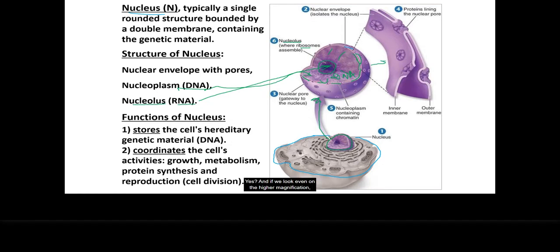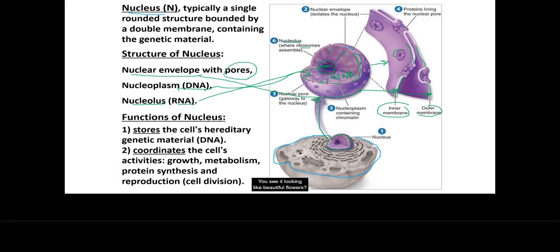And if we look at an even higher magnification, we can see this is one inner membrane and an outer membrane. So this is like a double membrane in here. They surround the nucleus, and this is called the nuclear envelope. The nuclear envelope is made up of two membranes, inner and outer, but they have pores, nuclear pores, and this is it.